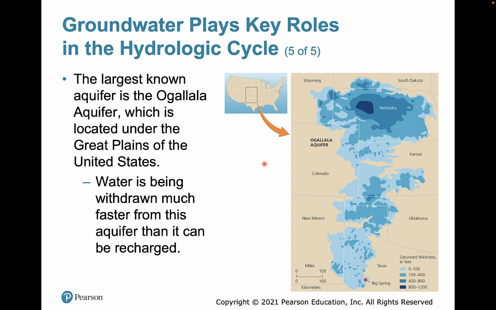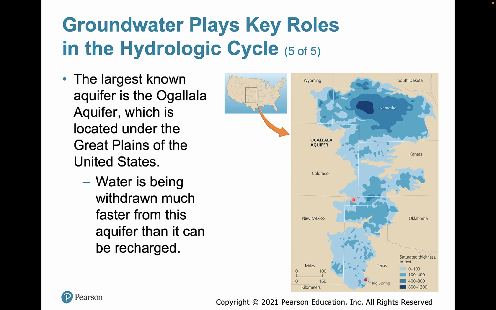This is a big issue when we talk about water use. The Ogallala Aquifer is the largest aquifer in the world, and it is under the United States, in the Great Plains. So this is where our farming comes from. We're using this in tremendous amounts for agriculture and for human consumption, municipal and industrial consumption.